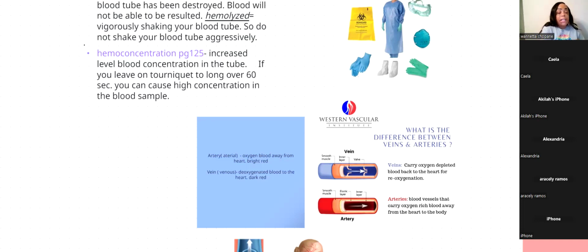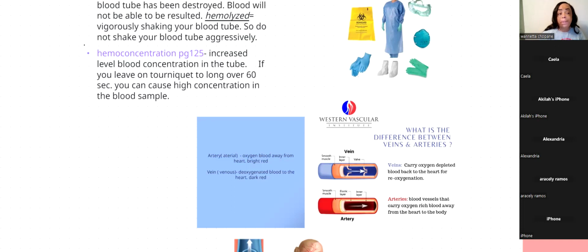If you hear anything that says venous blood, that means vein blood. Remember, blood is red, but this one is a darker red, because it's deoxygenated blood that is going back to the heart. So that's the circulatory system that starts with our heart. We have bright red blood, which is artery blood, and a darker blood, which is venous blood, because it doesn't have any oxygen.